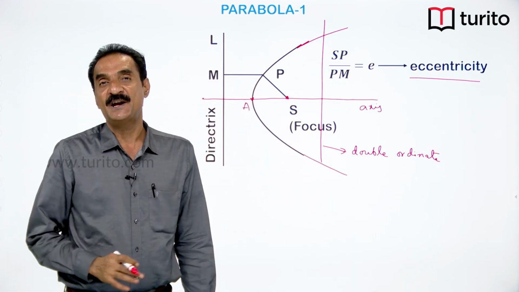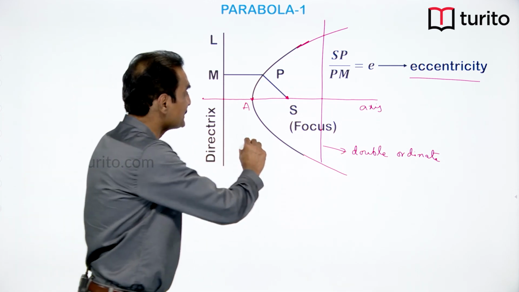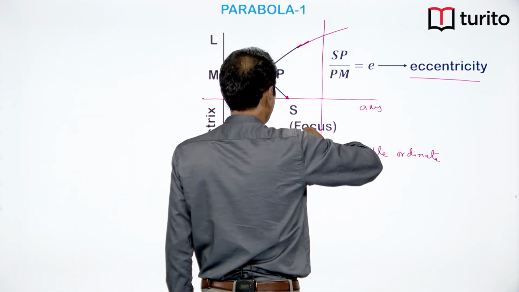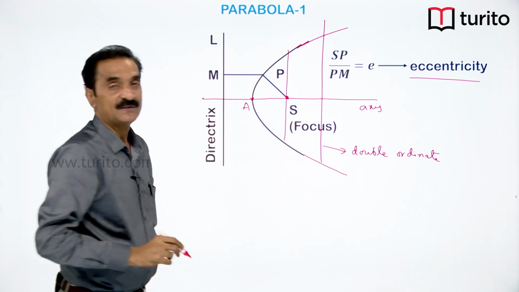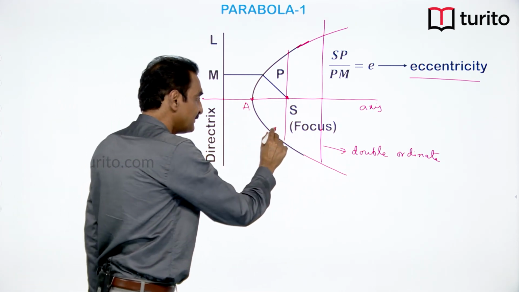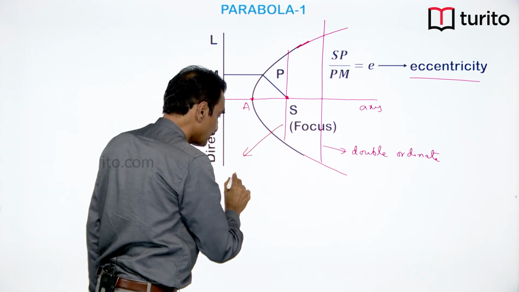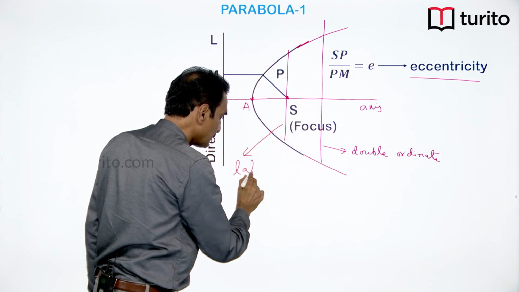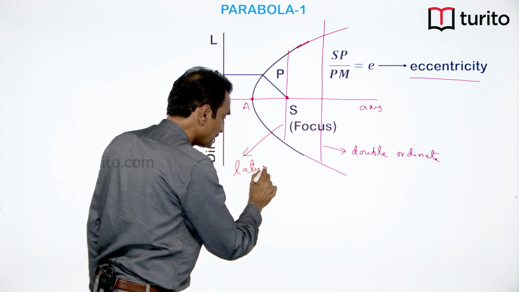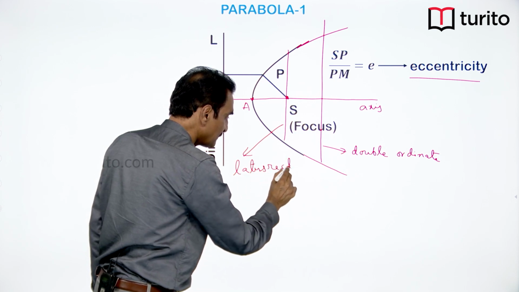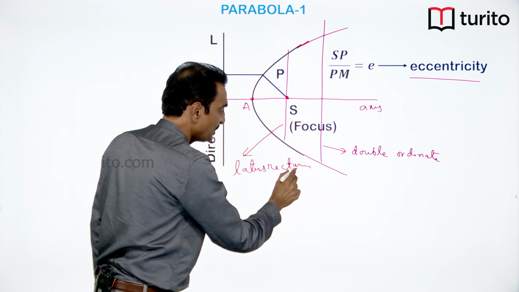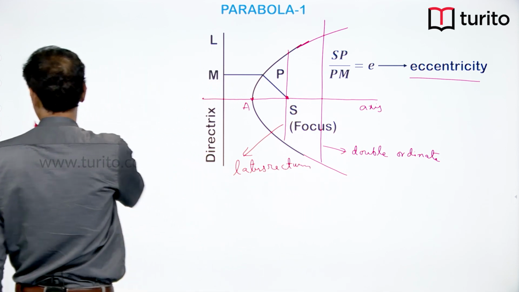If the double ordinate passes through the focus, it is called latus rectum of the conic.